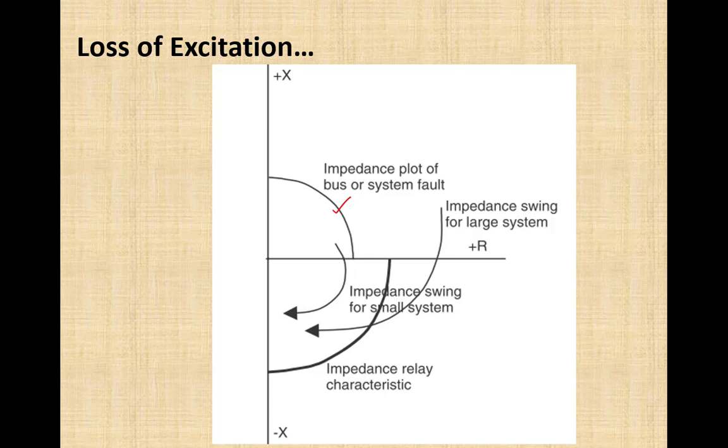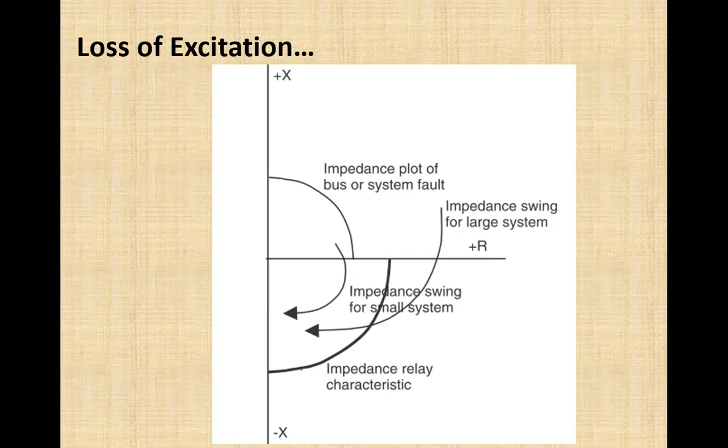Here in this graph we can see the impedance relay characteristic for the detection of faults. When a fault occurs, the impedance of the system will move from outside of the circle into the tripping region, and the relay would respond to this situation as a fault condition. But in case of loss of excitation, impedance will swing into the fourth quadrant.